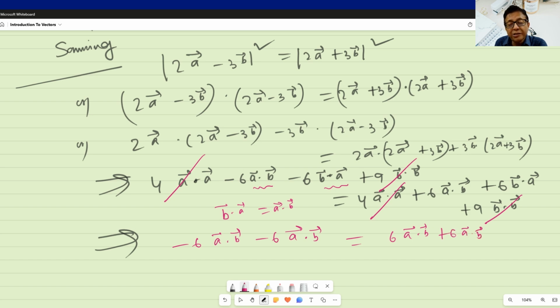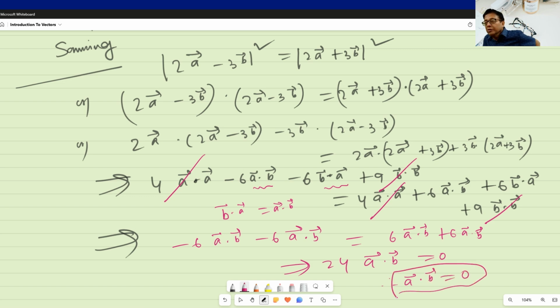You add all these, 24 a dot b equals 0. So a dot b is going to be equal to 0. The dot product between two vectors a and b is 0. Whenever this kind of relation appears in physics, remember they are going to be perpendicular. And when you are answering a school-based examination, you have to do it in this manner. Follow my worksheet, sums are given this manner. That you will practice.